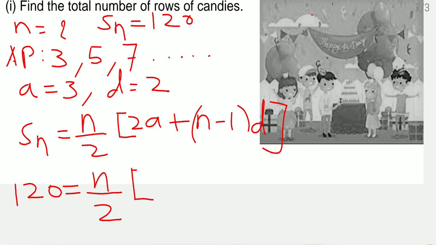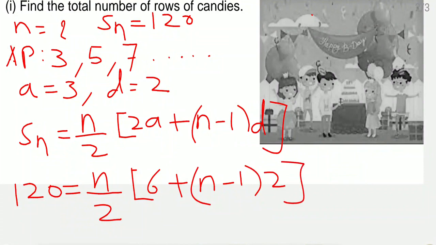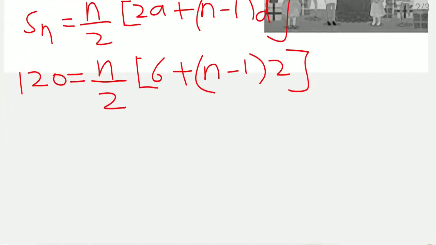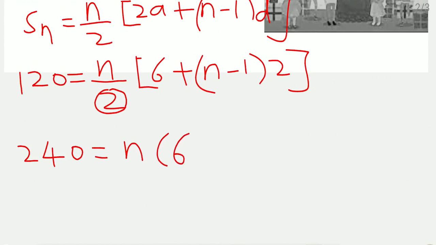So 2 3s are 6 plus n minus 1, value of d is 2. I will just send this 2 to the left hand side. So it will become 240, which is equal to n in the bracket 6 plus this bracket into 2. So I'll multiply it. 2 into n is 2n minus 2.